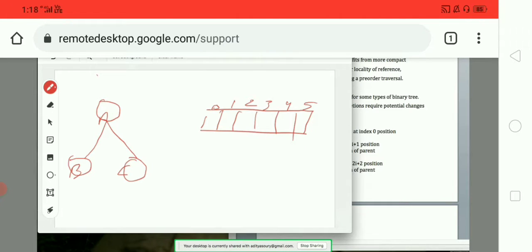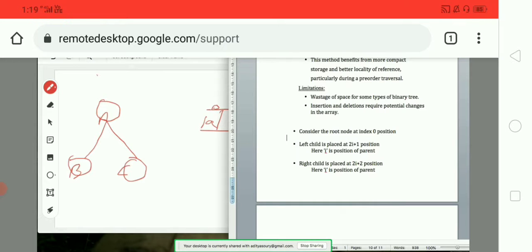So here the root node is A. So the basic rule is the root node must be placed in the 0th position only. So here I am giving A. After that we have two children, one is left side and another one is right side.